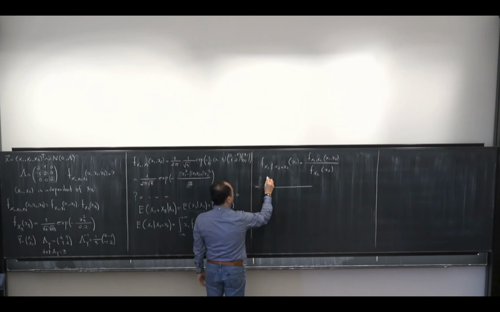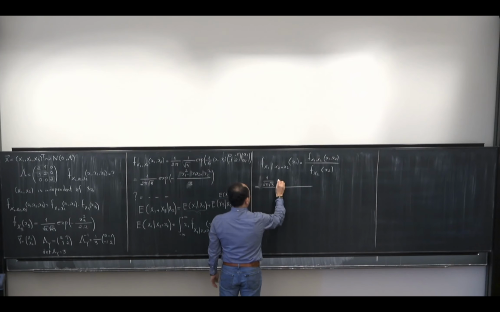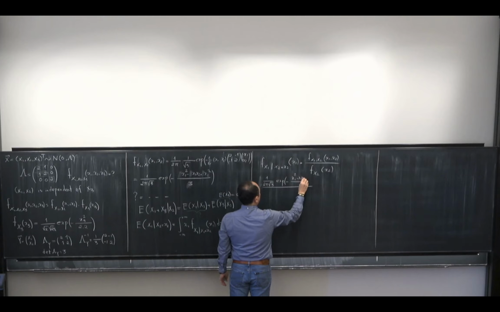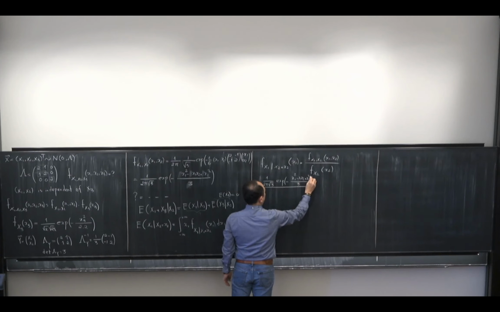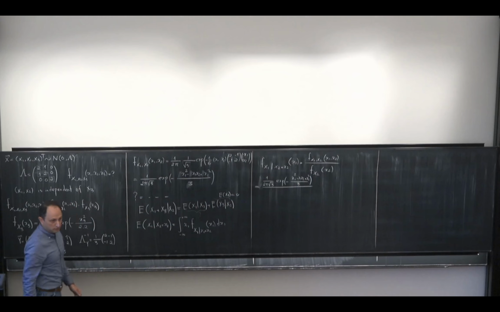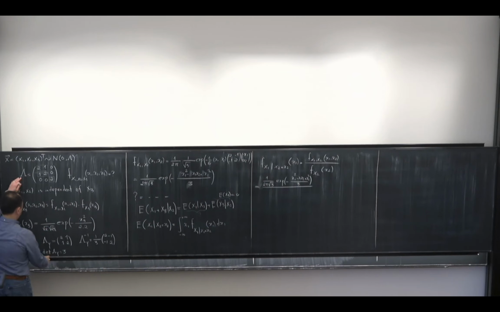So this becomes 1 over 2 pi square root of 3 exponential of minus, then I have x1 squared, x1 x2 plus x2 squared, divided by 3, divided by this. So we know that this should also be normal, and we can read the information from its own covariance matrix.